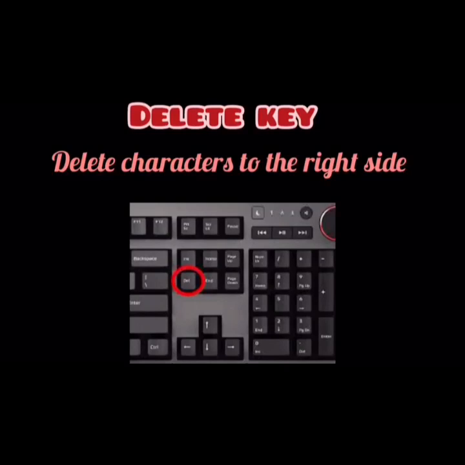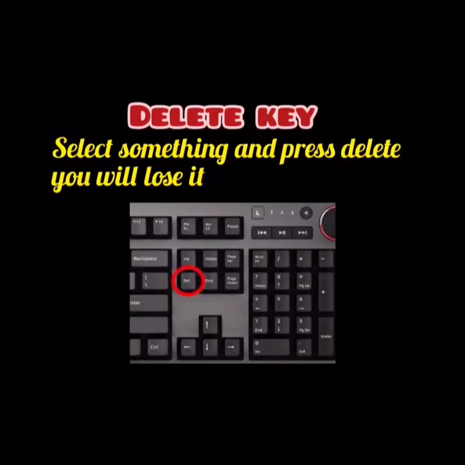This is where the delete key is present. Did you see? This is how delete key will look like. And we should be very careful while using this delete key. Why? Because if we select something on the monitor and then without knowing you press the delete key, what will happen? Everything will be lost. Whatever we have selected will be lost.